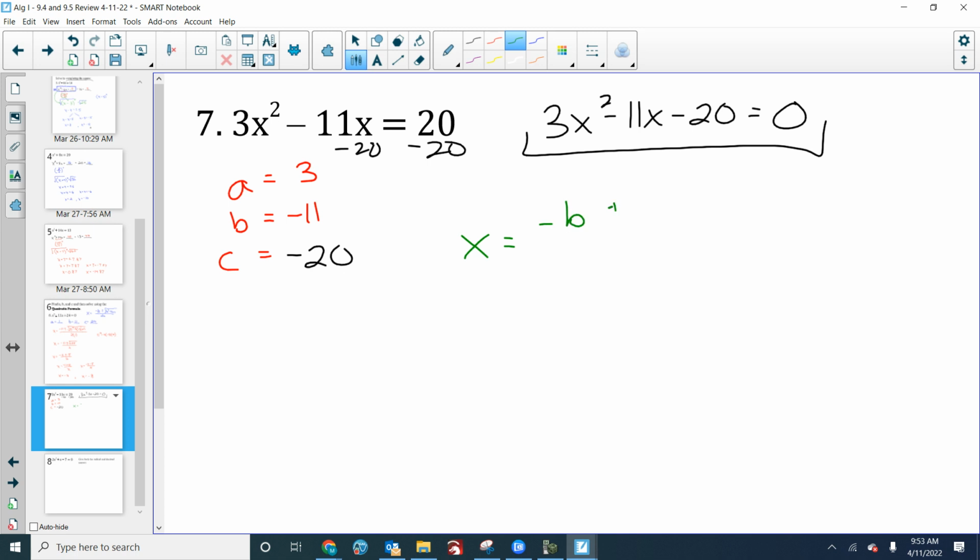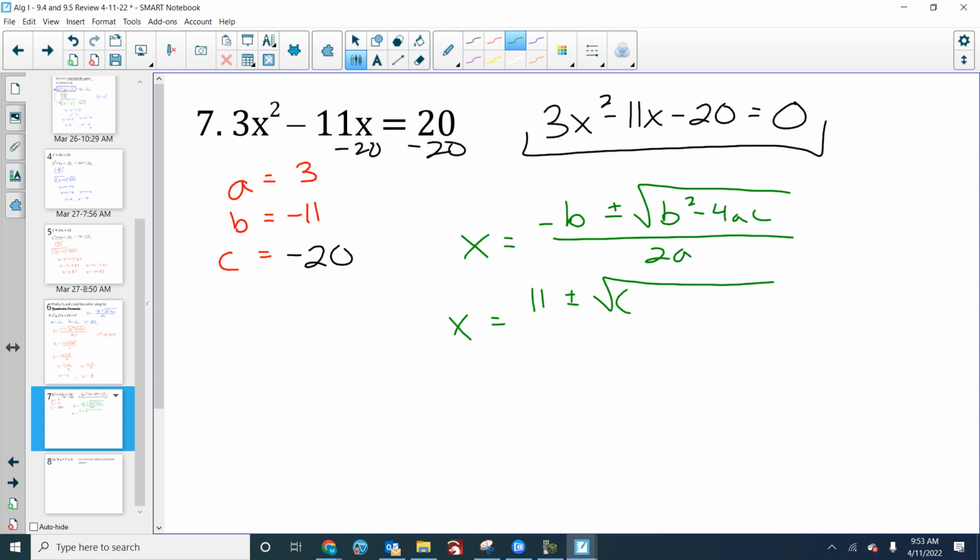Negative B plus or minus the square root of B squared minus 4AC, all over 2A. That's going to help you memorize it. What's the opposite of B? Positive 11 plus or minus the square root of negative 11 squared. Careful, make sure you put parentheses around the negative 11. Minus 4 times 3 times negative 20, all over 2 times 3.